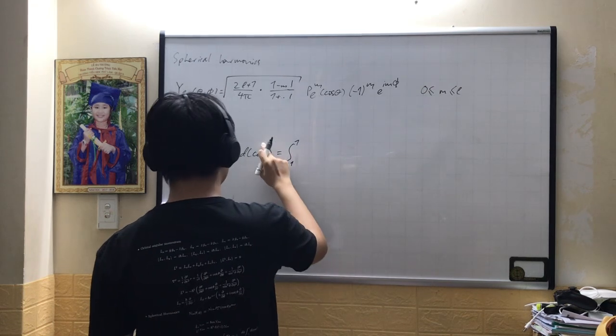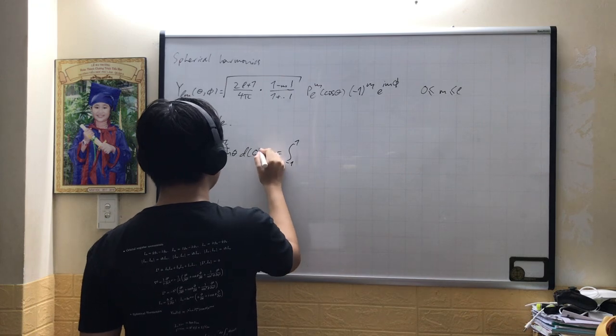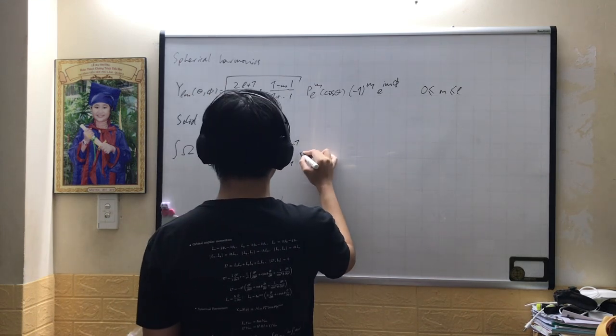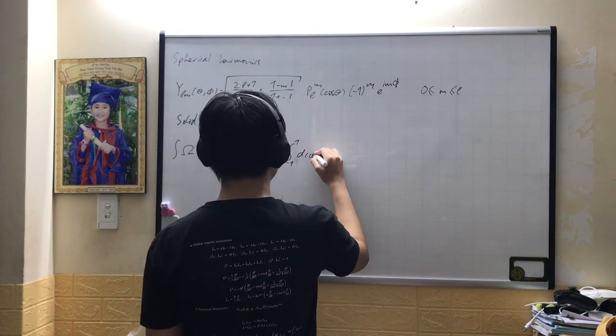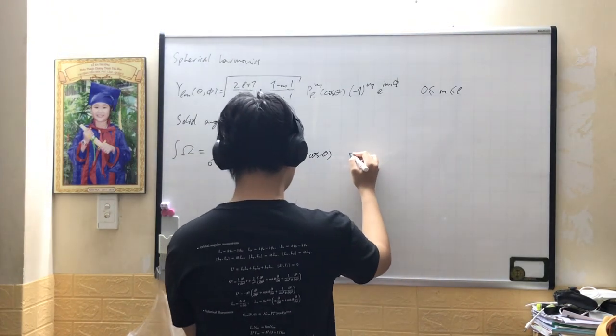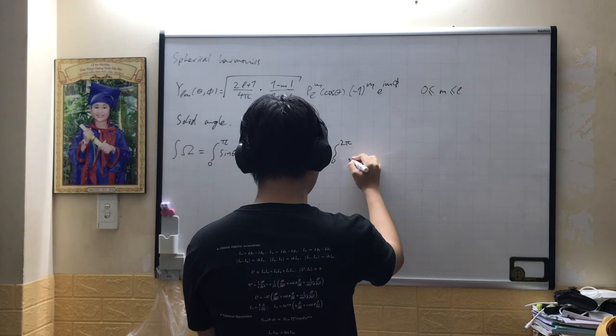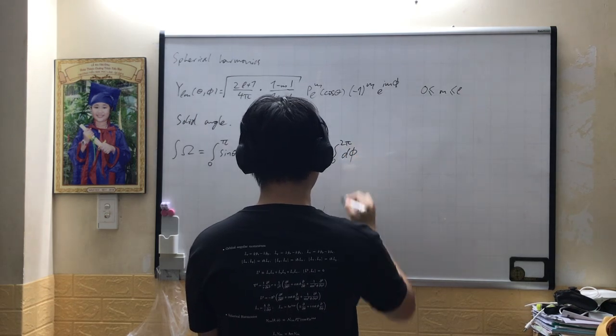Okay. Wait, no, this is theta only. Okay, I got confused. This is the cosine theta, 0 to pi, d phi.